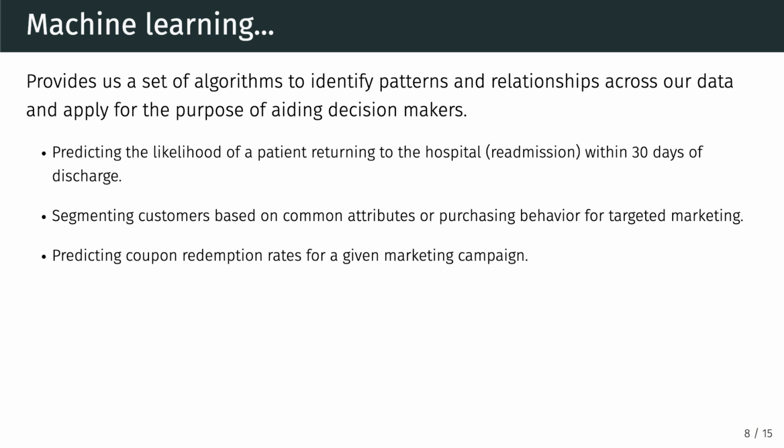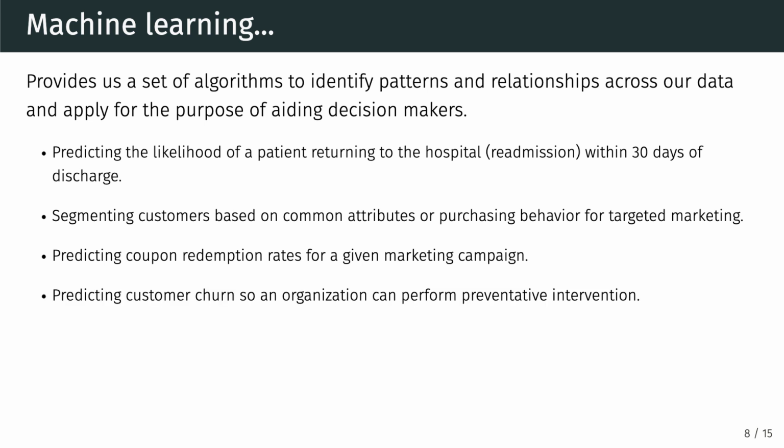Or maybe we want to predict coupon redemption rates for a given marketing campaign, and that could be based off of customer behavior and also the type of campaign that we are going to run. Maybe we want to predict customer churn so an organization can perform preventative intervention in order to retain customers longer than we would expect to. And there's many other examples.